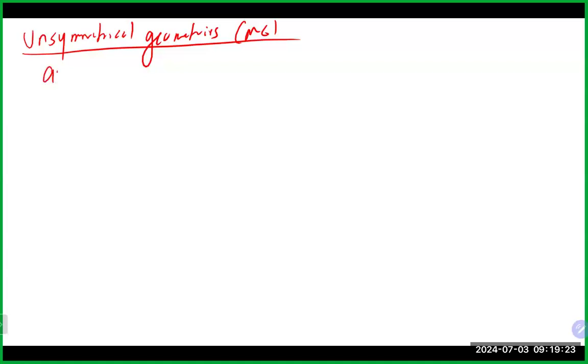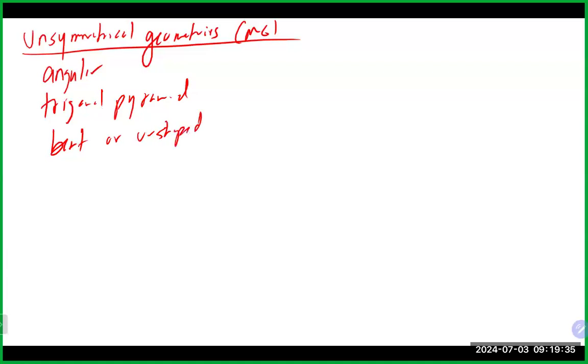We have our angular, we have our trigonal pyramid, we have our bent, our V-shaped, we have our square pyramidal, we have our T-shaped, right? Our seesaw, and so forth.